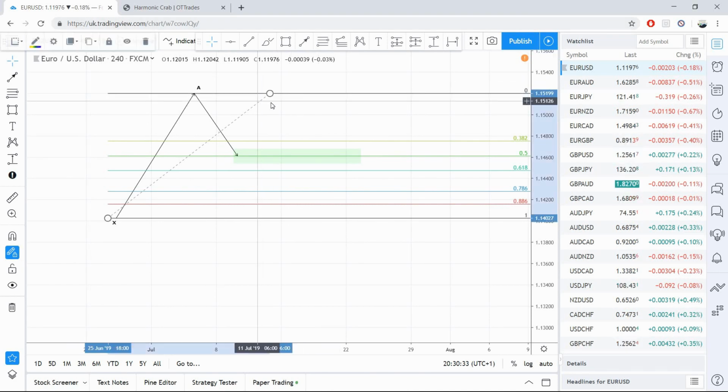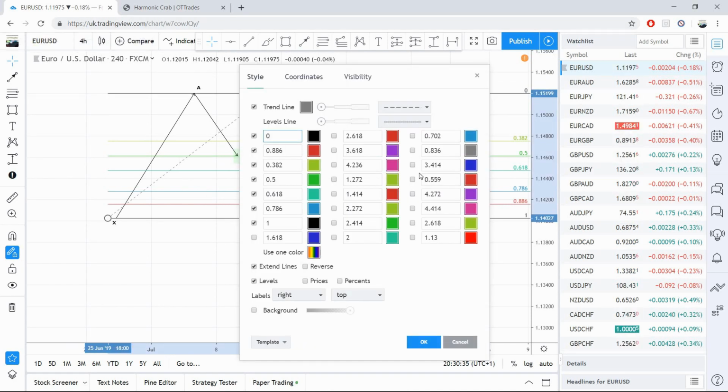So let's put this on here just so you can visualize it. 44.1%. And I'll find halfway between the 50% and 618 levels.